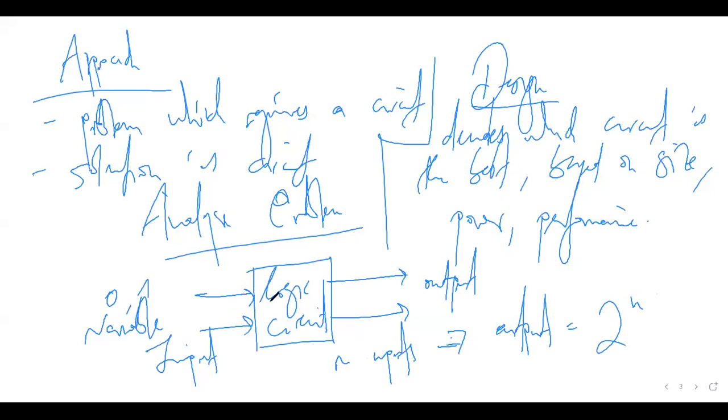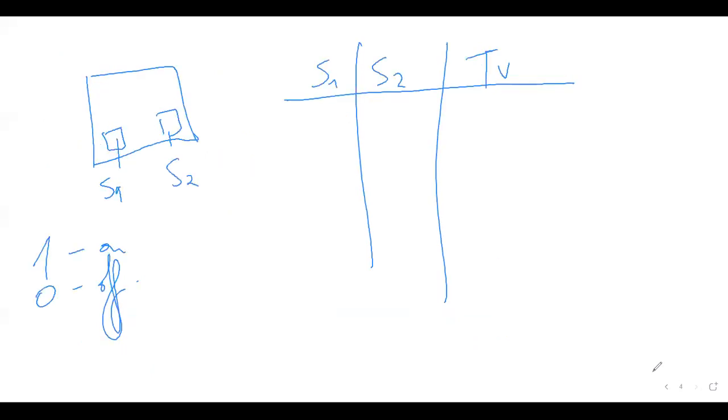So in this example, we had two inputs. It means our outputs were supposed to be 4 of them. Going to our example, we have two inputs, switch 1 and switch 2. Possible outputs, they are supposed to be 4. When the switch S1 is off, and when the switch S2 is off, our TV is off.